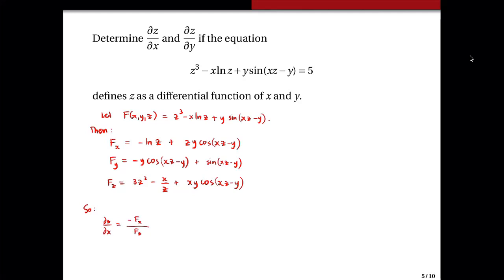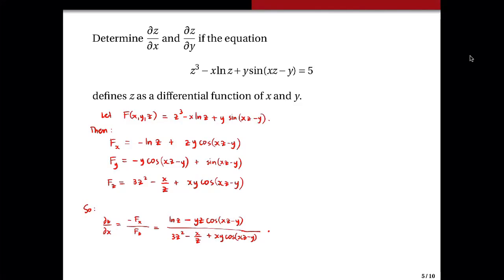And therefore, we will have ln of z minus yz cosine xz minus y divided by 3z squared minus x over z plus xy cosine xz minus y. Okay.